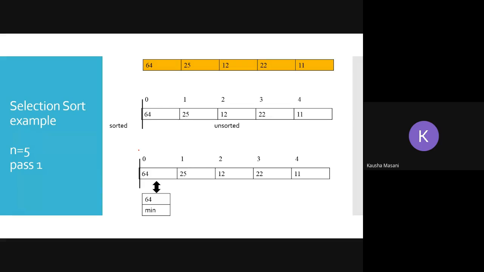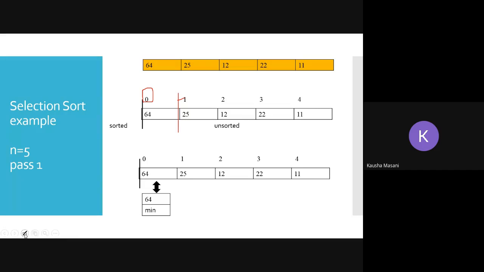This is 64, 25, 12, 22 and 11. So the size of my input is 5 and this is my round 1, or you can say pass 1. Now here, what we did previously in insertion sort, the 0th index we considered as our sorted array, and those from 1 to 4 were considered as the unsorted array.